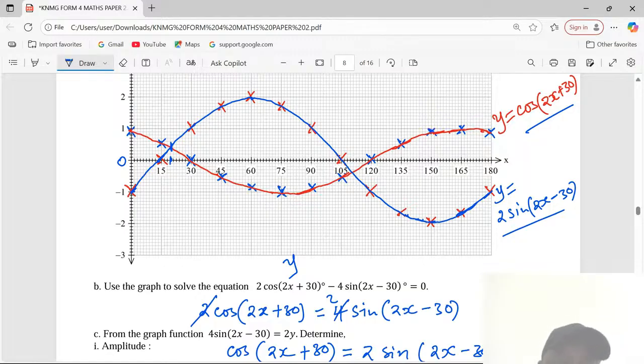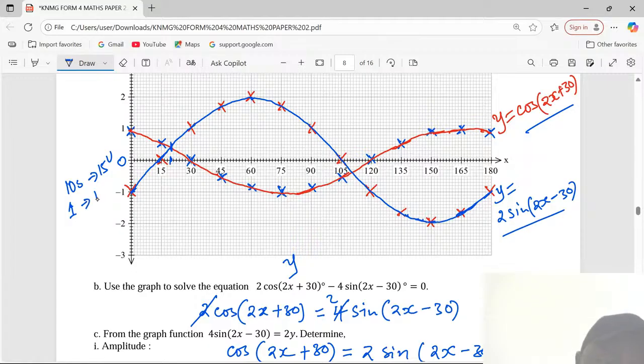From 0 to 15, we have 10 divisions representing 15 units. From 15 to 30, again 10 small units representing 15. So to interpret the scale, 10 squares are representing 15 units. What about one small square?